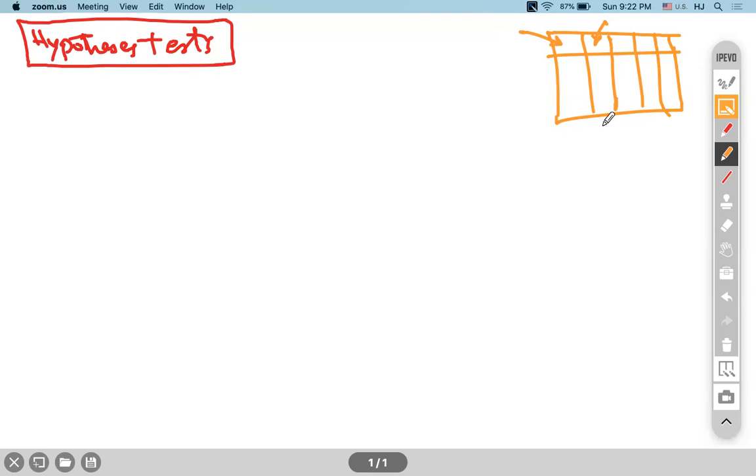So we use the sample which we have to predict something about the entire population, to see if this variable in the entire population has a certain mean, or if these two variables, let's say this column and this column, in the whole population have a similar mean, or one of them has a mean greater or less than the other one.